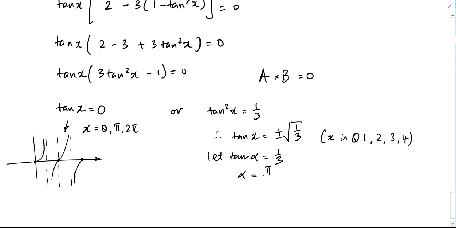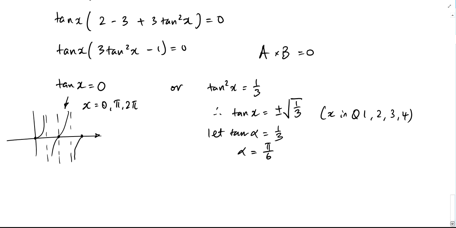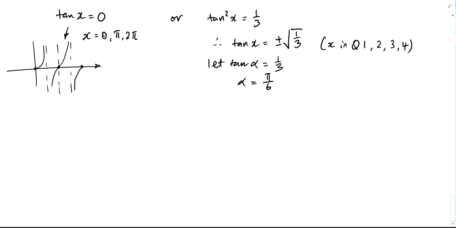Alpha is actually pi over 6, our 30 degrees. Okay, tangent of 30 degrees, we get square root 1 over 3. So now x must be pi over 6 in the first quadrant. In the second quadrant, it will be pi minus pi over 6. In the third quadrant, pi plus pi over 6. And in the last quadrant, 2 pi minus pi over 6.